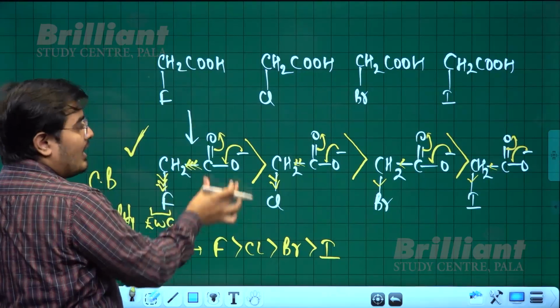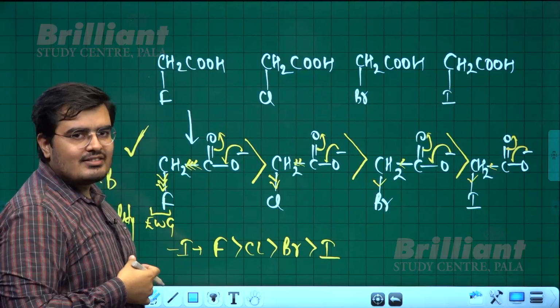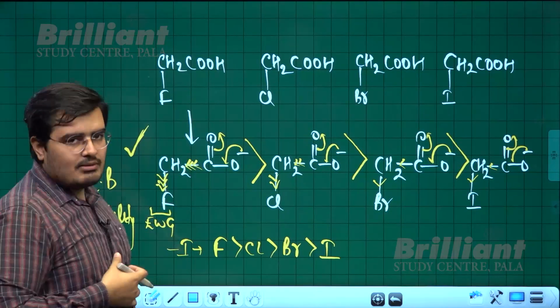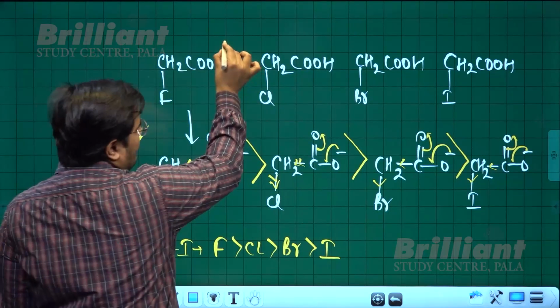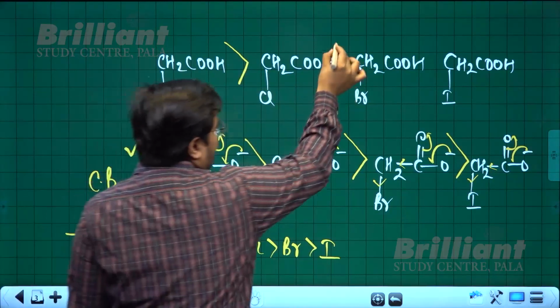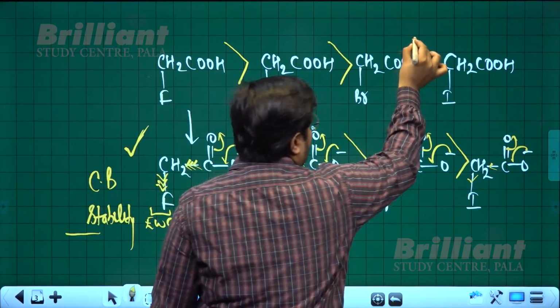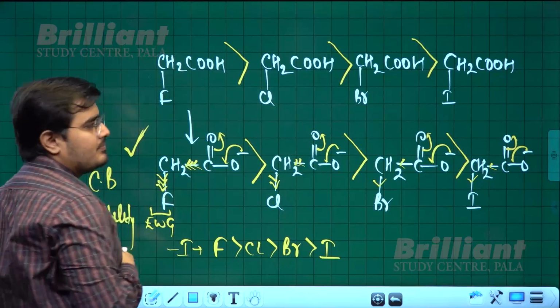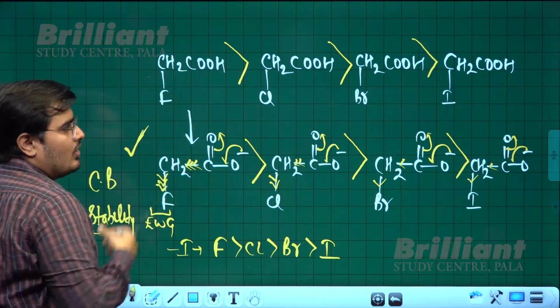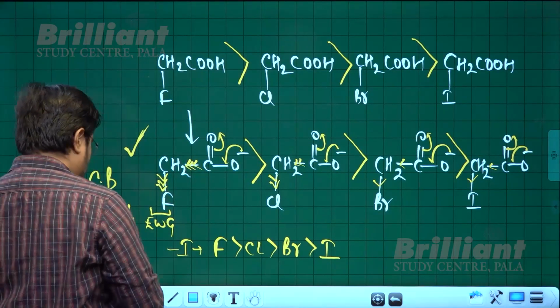So as we know, acidity of an acid is directly related with the stability of its conjugate base. We can say this will be more acidic than this one, which will be more acidic than this one. So that is one of the orders that we had there.